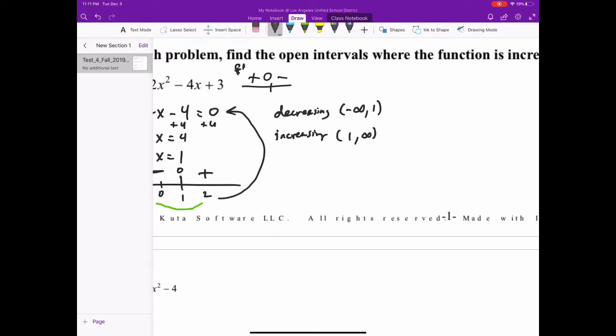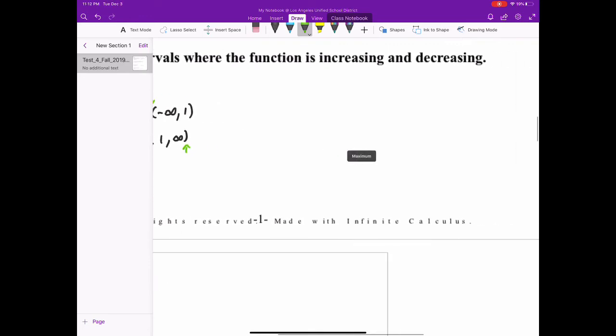And again, these are open intervals because you can't ever really touch infinity. Okay, all right, easy peasy.